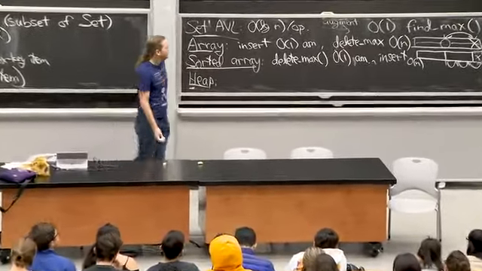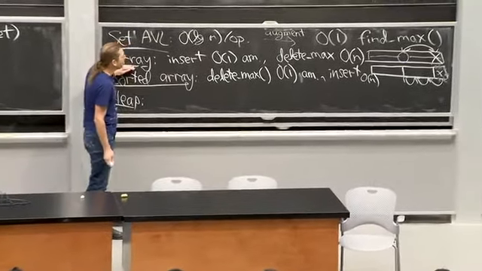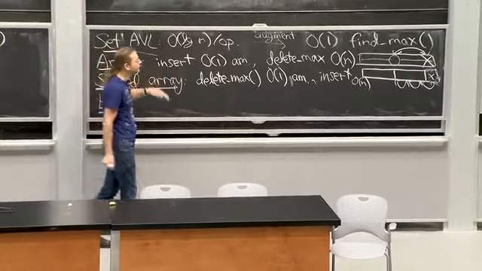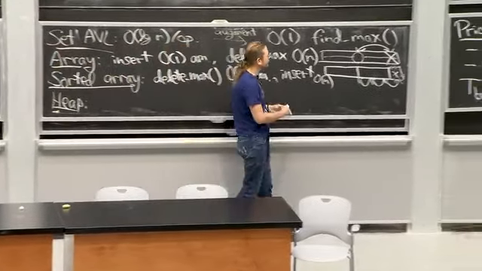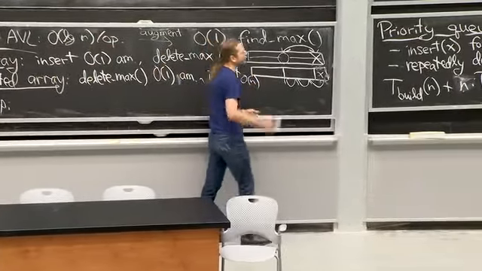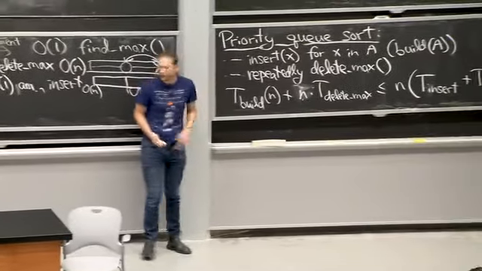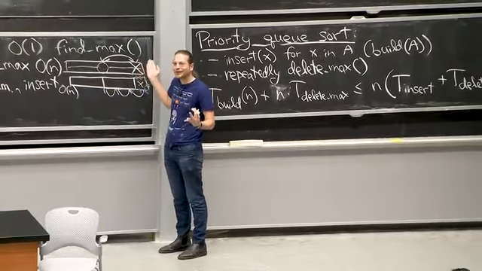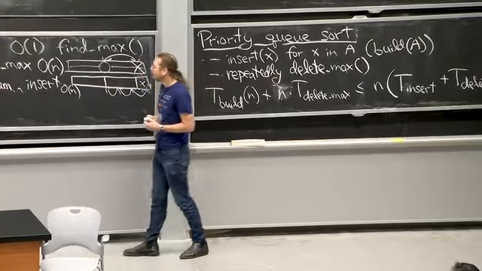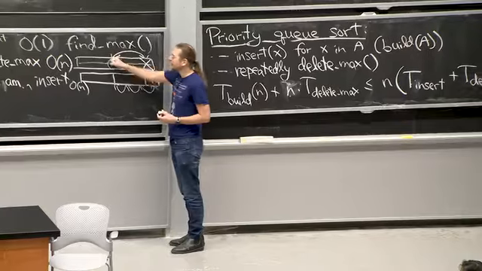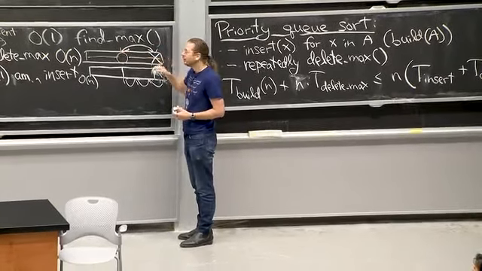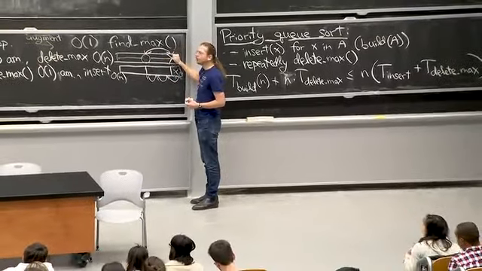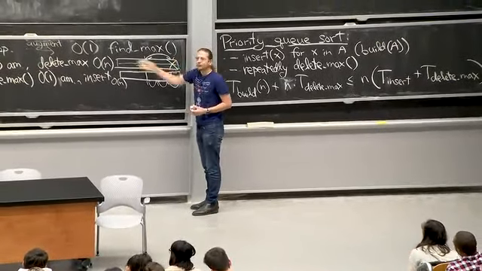Now, what about array sort? So suppose I use an unsorted array. I insert the items, so I'm doing all the insertions before all the deletions. What's going to happen is I just insert the items in the original array order. In other words, I just take the array. And then what I do is repeatedly extract the maximum item by searching for it, moving it to the end of the array, and then repeating that process.